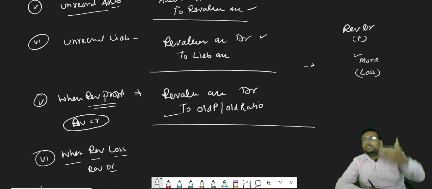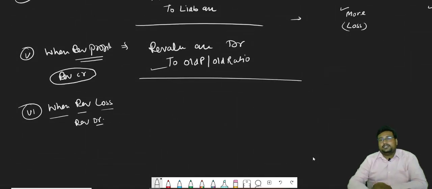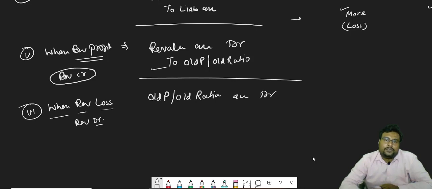And when we give the loss to the partners, partners' capital will decrease, and when capital decreases, liability decreases, and when liability decreases, it will be the opposite of credit, which is debit. So it will be recorded as old partners in old ratio account debit.